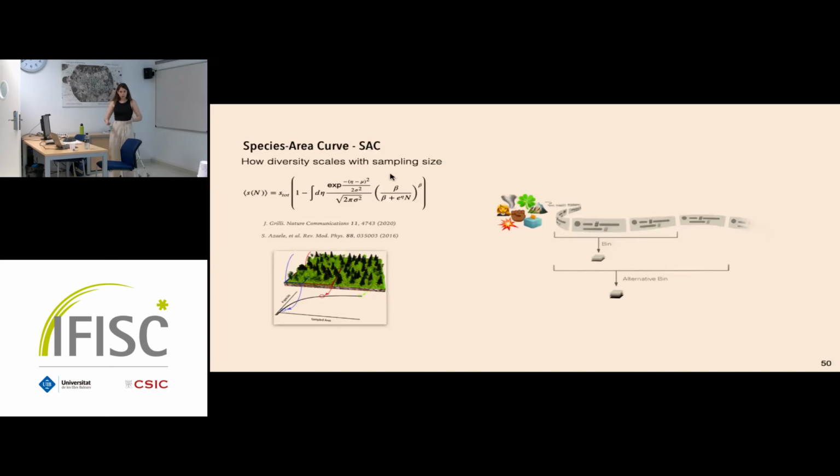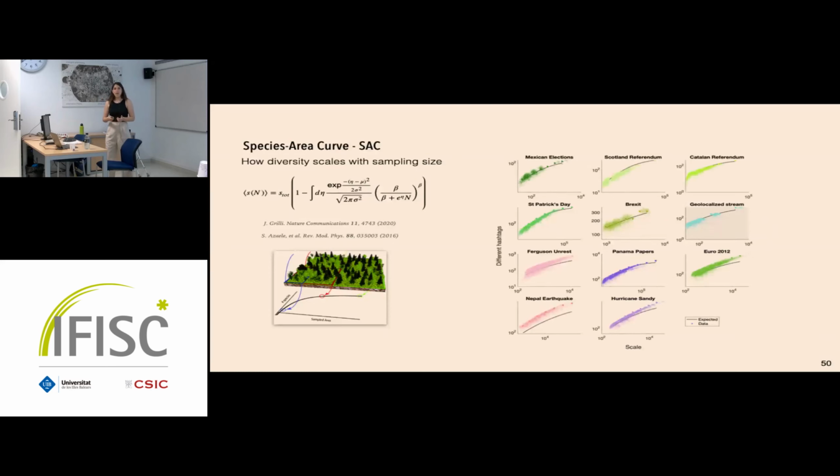So we were also able to see how, if we increase the sample size in our data set, that scales with the number of different hashtags that we saw. And here in the graphs, you can see that the theoretical form fits pretty well with a lot of data sets, and in others, at least, there is a qualitative resemblance between these 2 trends.